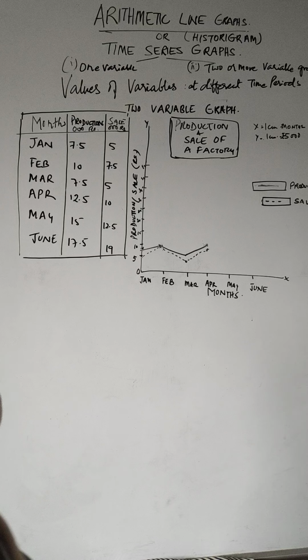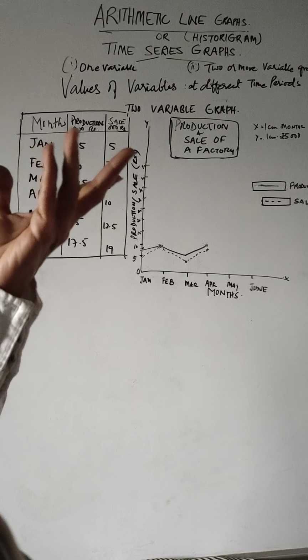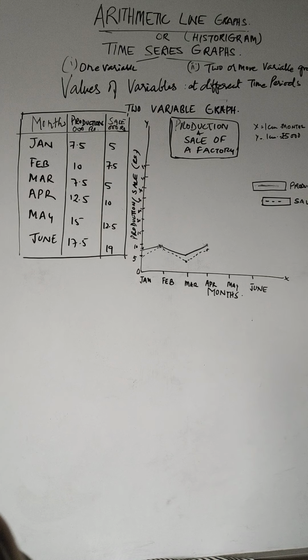The reason is that if two variables are given in the same units, then they can be shown together. But if they are in different units, then you'll have to make another one. That is why we have two or more curves instead of one curve. One common scale is taken for the y-axis to plot the given values.